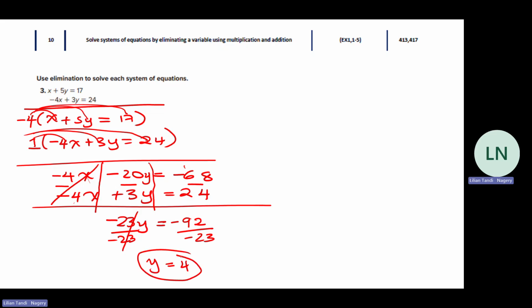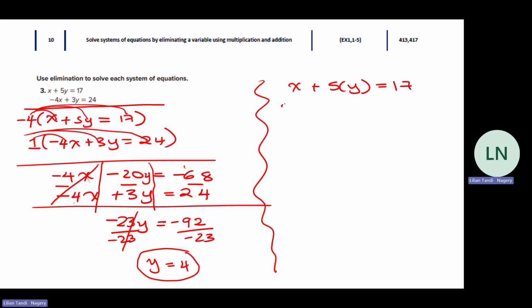Okay. Even if you're doing it in your head, confirm it on your calculator to make sure you're not doing something wrong. Okay. Then you find x. x plus 5 parentheses y equals to 17. x plus 5 parentheses 4 equals to 17. x plus 20 equals to 17.